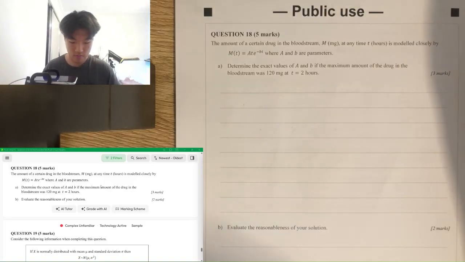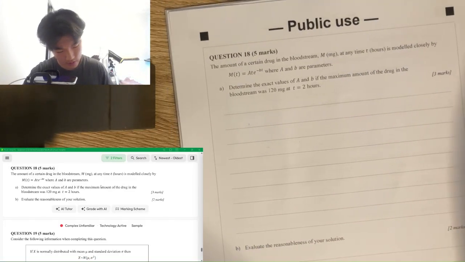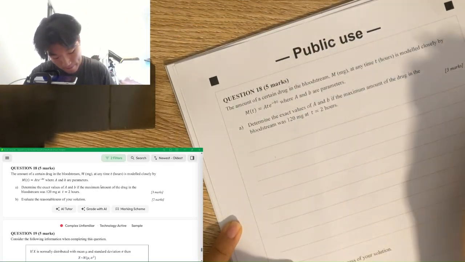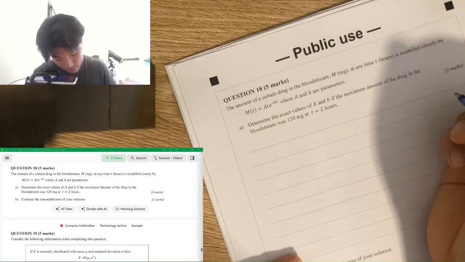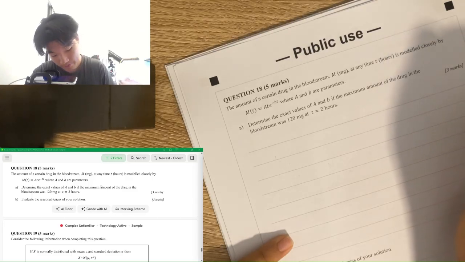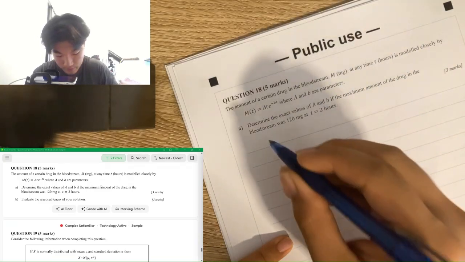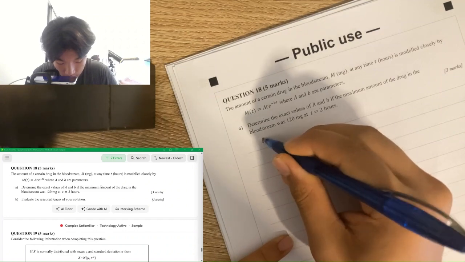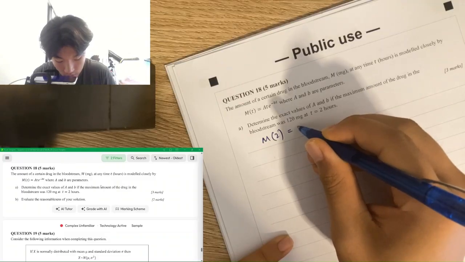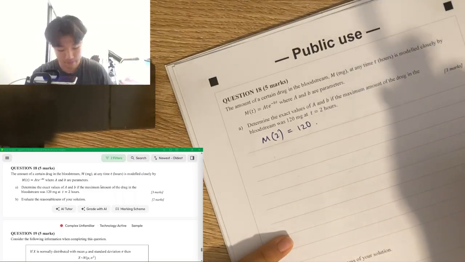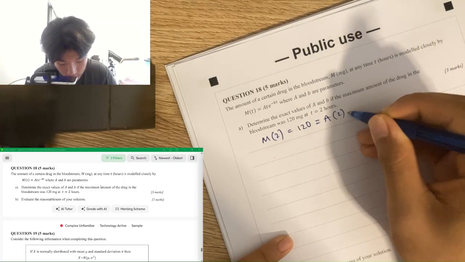The amount of drug in the bloodstream: M represents milligrams, and T represents hours. Okay, M of 2 hours equals 120, which equals A times 2 e to the negative 2b.